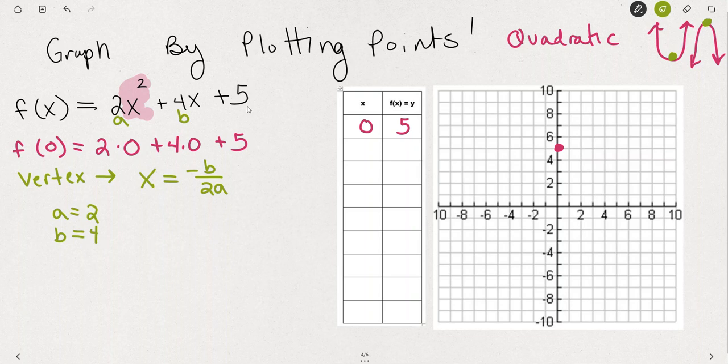Now, just for future reference, if you ever need it, that constant, the 5 in this case, would be C. But for x equals the opposite of b over 2a, we don't need that.